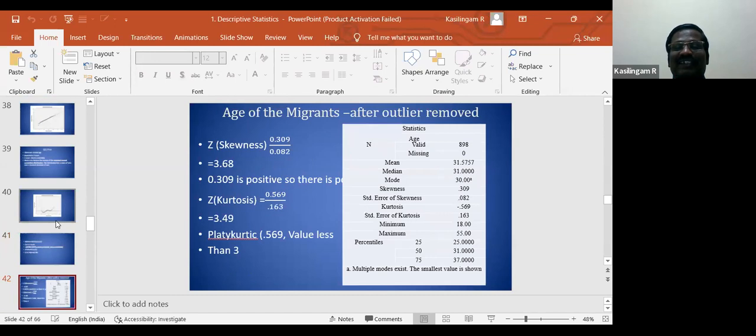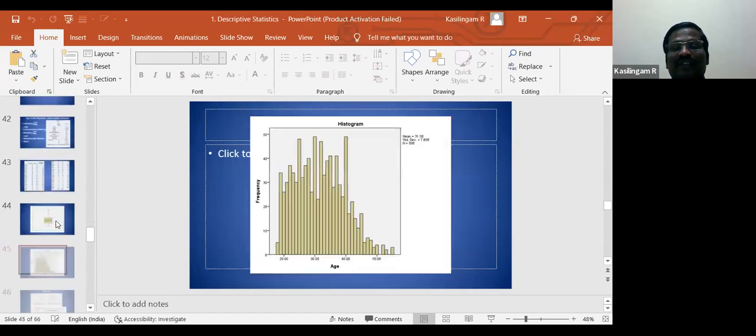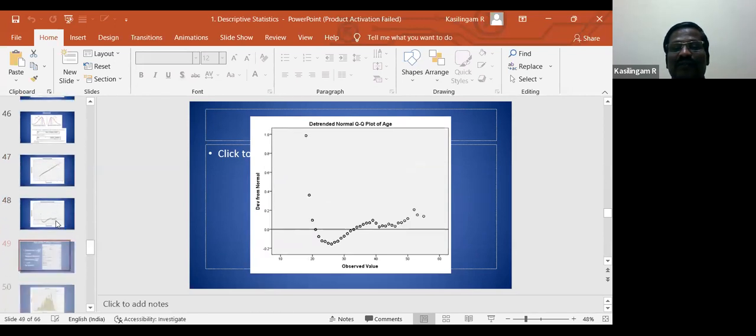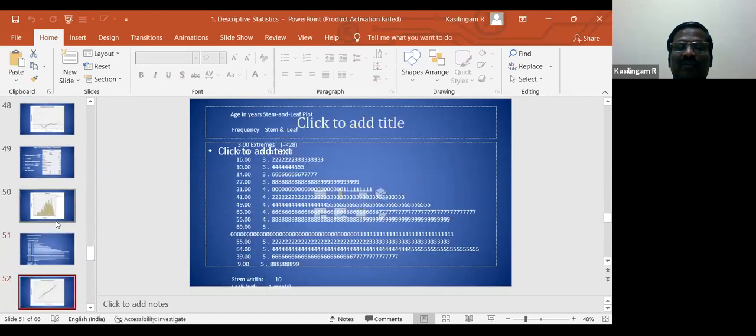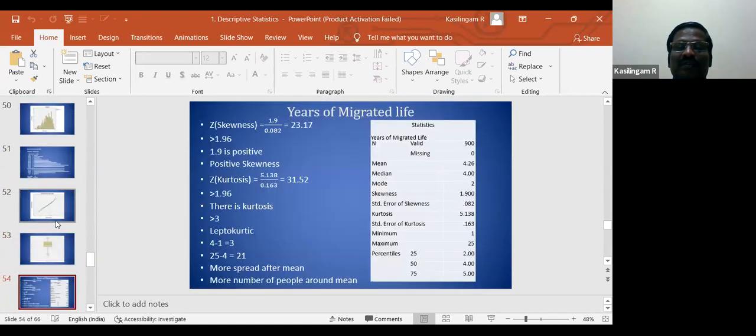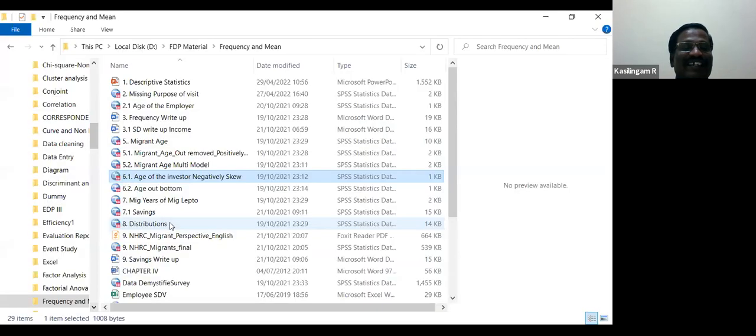Age of the migrant, outlier removed. Skewed. Years of migrated life, leptokurtic. Okay, very good. Everything is there in the PPT. Which example should I take?